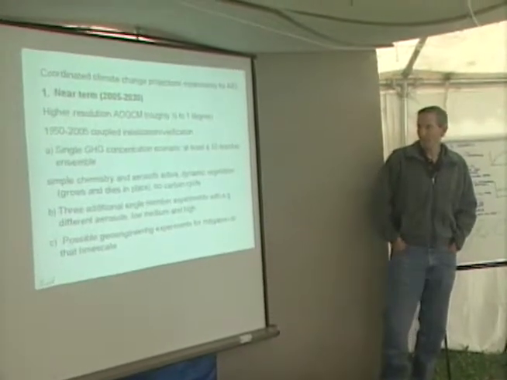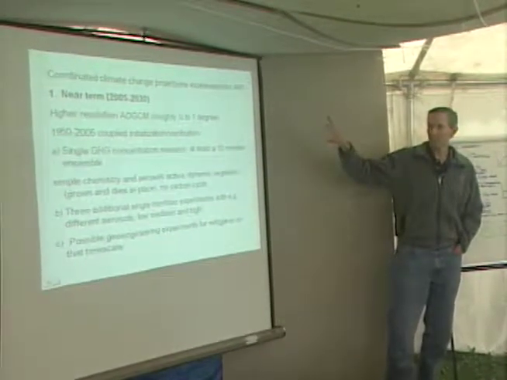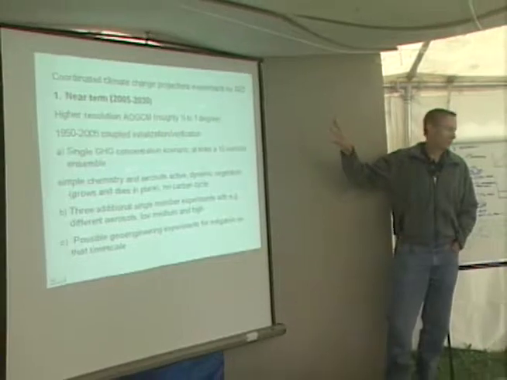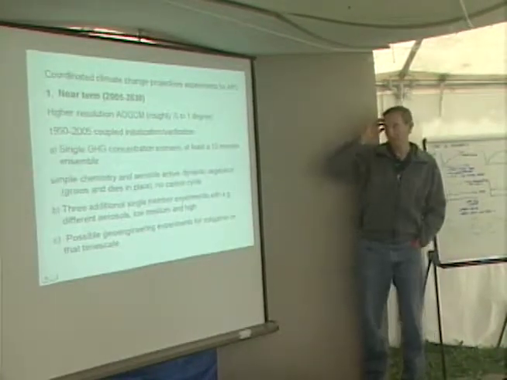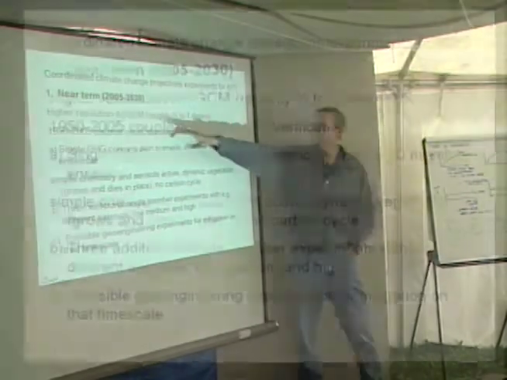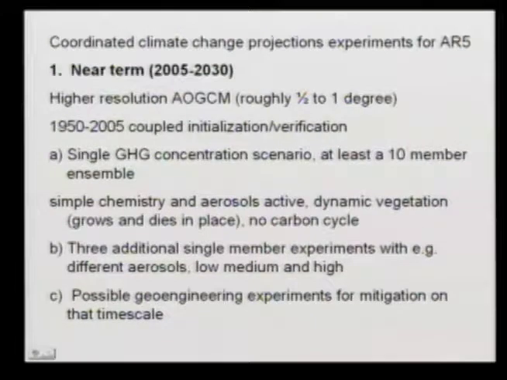But it may actually be useful to separate this out and look at the near-term problems with a somewhat different class of model, a higher resolution AOGCM, using a rough class of model for atmospheric resolution of 0.5 degree to 1 degree or even higher.